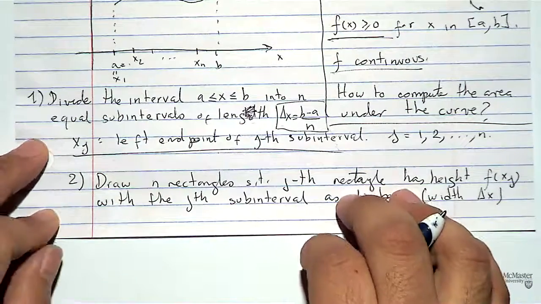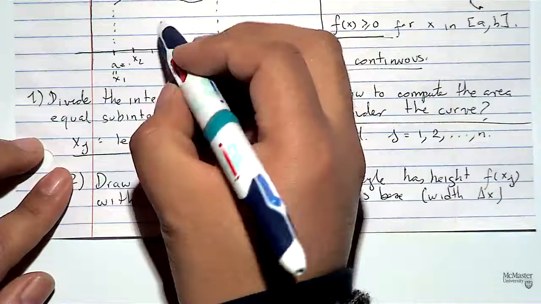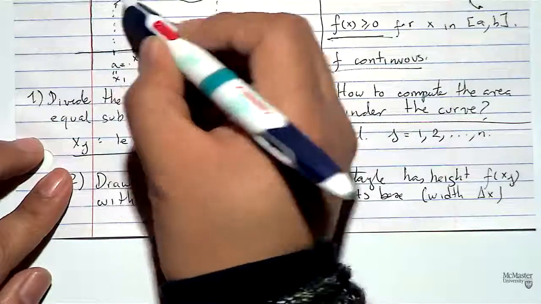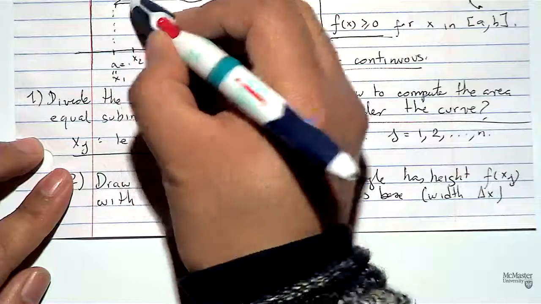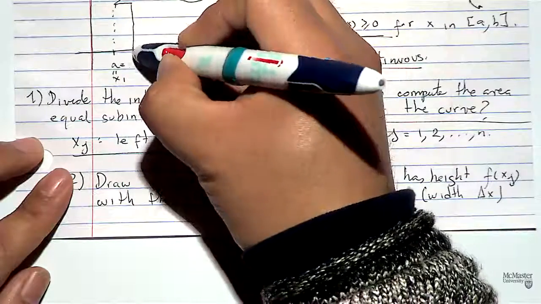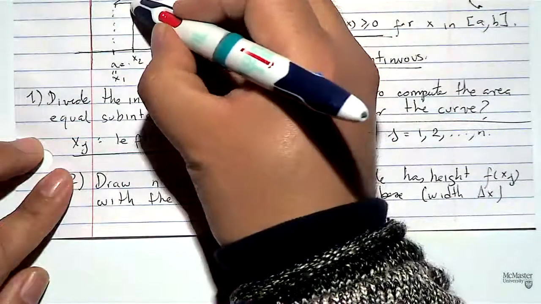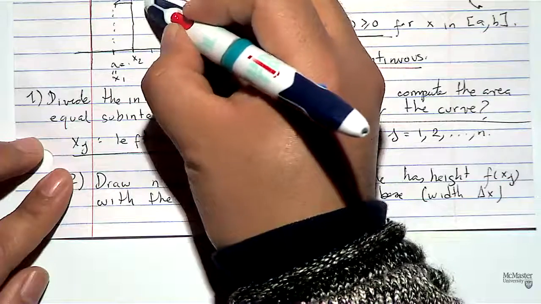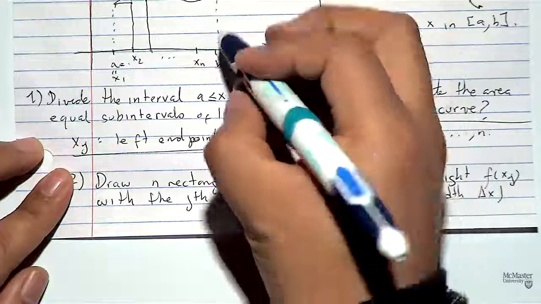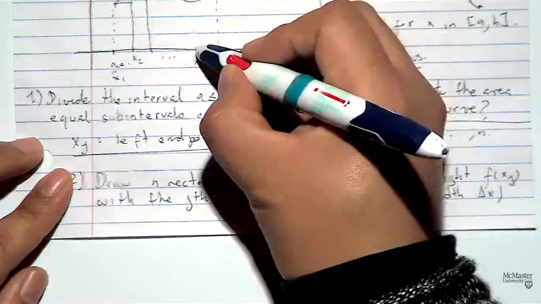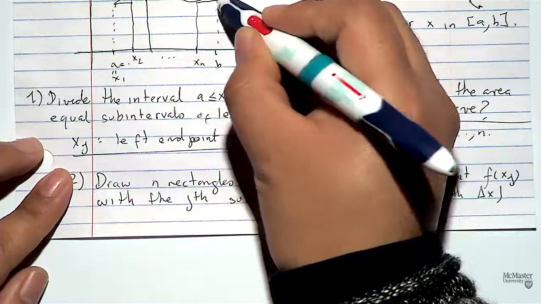So now let's go back to the picture, right? So what I will do, I will take this as my height. Then I will draw this small rectangle. Then I will do the same for this other one, and so on for all the subintervals. If you think what happens perhaps in the last subinterval, you will have this.